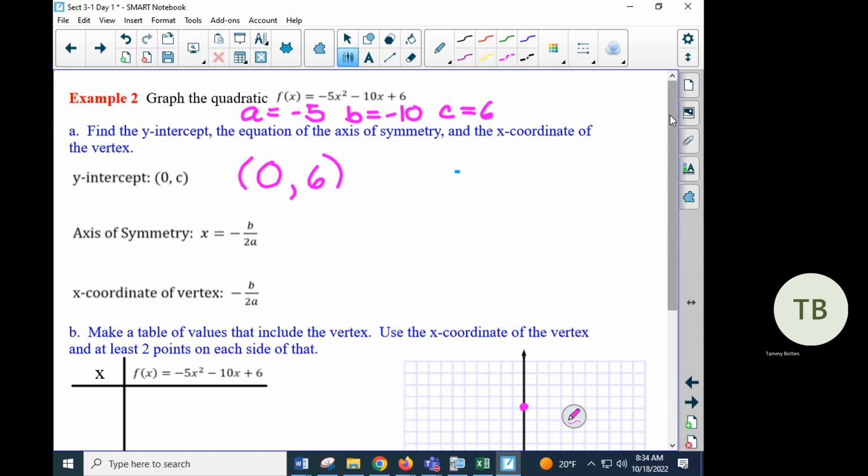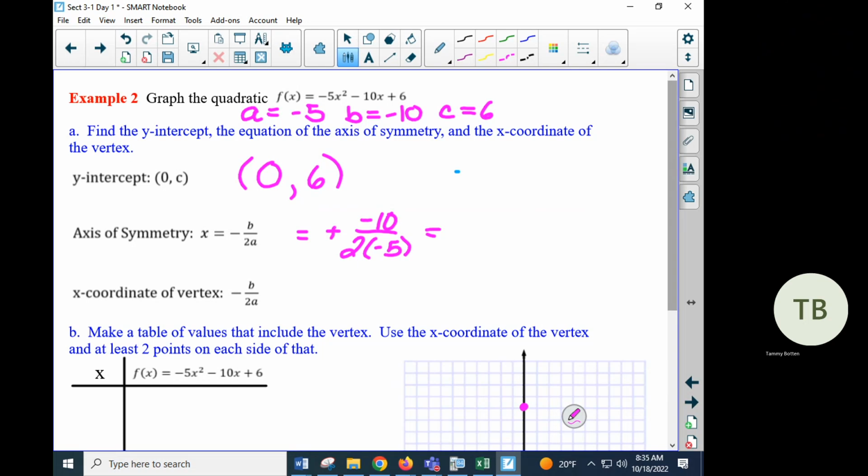Now, when I go to find my axis of symmetry, notice that there's a minus in front. Then I have my b, which is -10. And on the bottom, I have 2 times -5. When you have a minus like that, what happens?